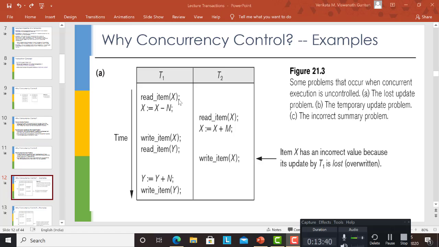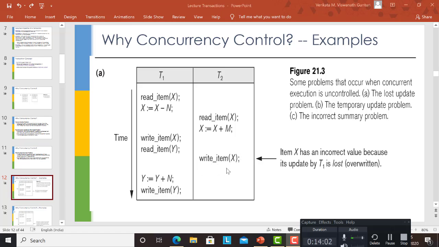So here you already read the data item X, you subtracted some value N, and then again you read this data item X, and you added this value M, right? And then you wrote this data item X, read the data item Y, not a problem. This guy is a problem.